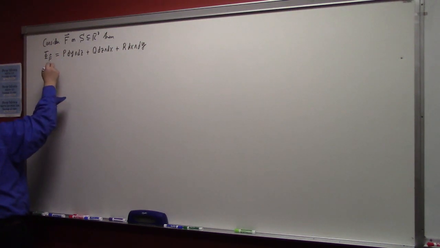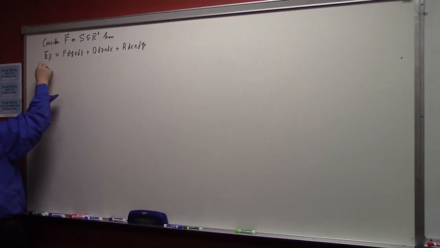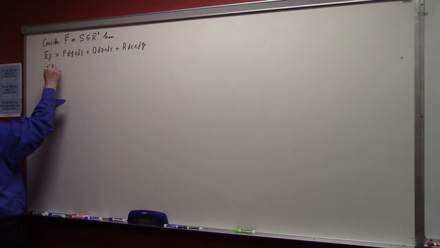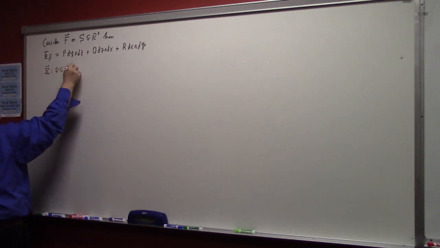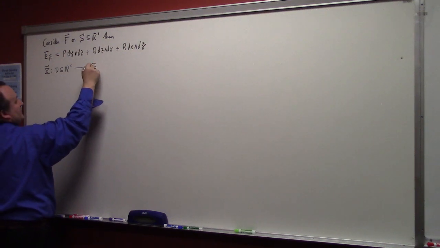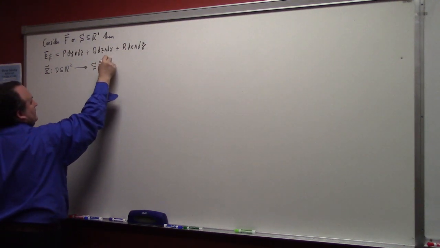And so if we also, let's say, have x as the parameterization in question here, it's a mapping from D, which is a subset of R2, to S, which is the surface in R3.